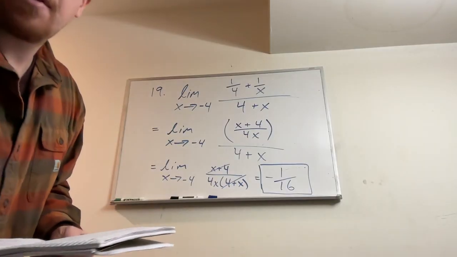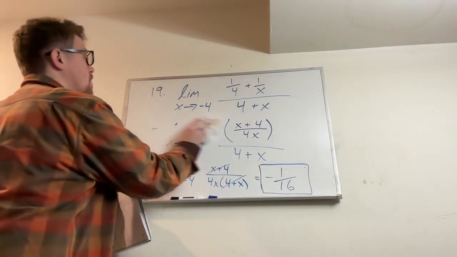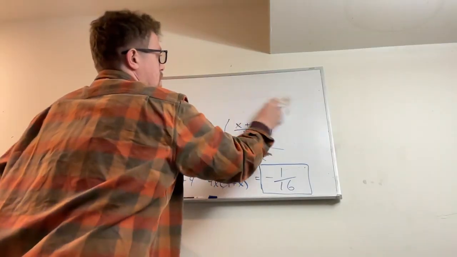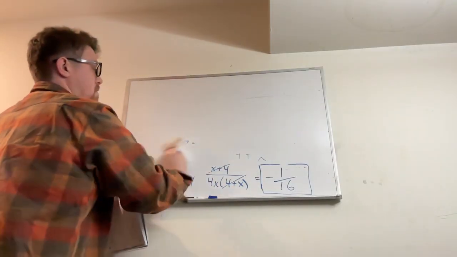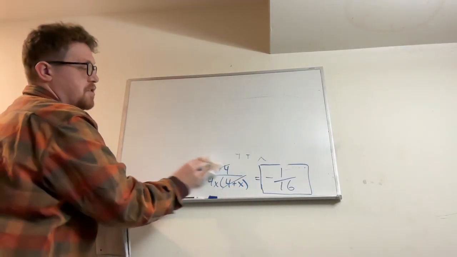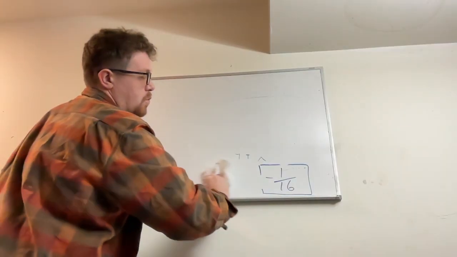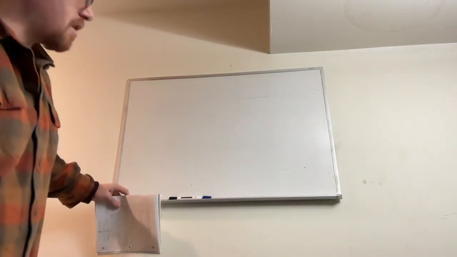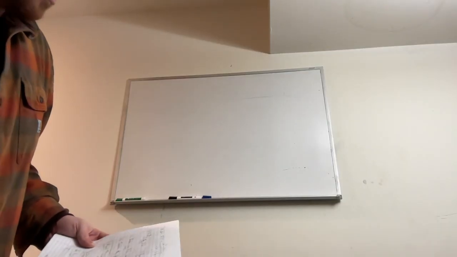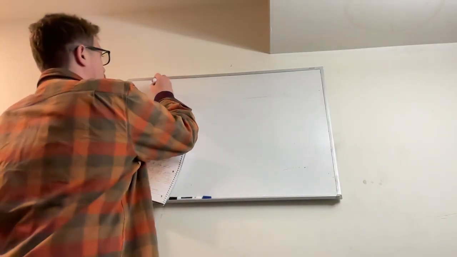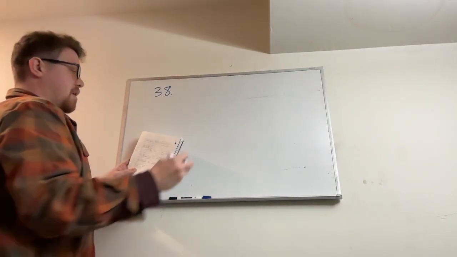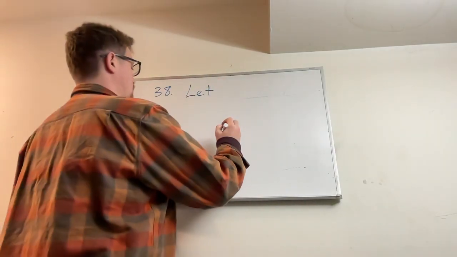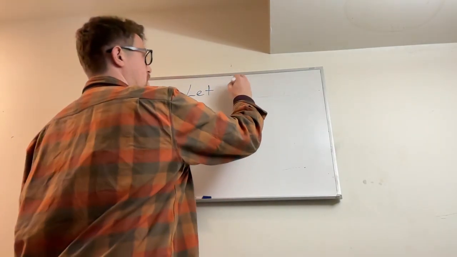This is number 38, Stewart, page 112, the single variable calculus book. And here he now defines a new function, which is the ratio of 2 continuous functions.